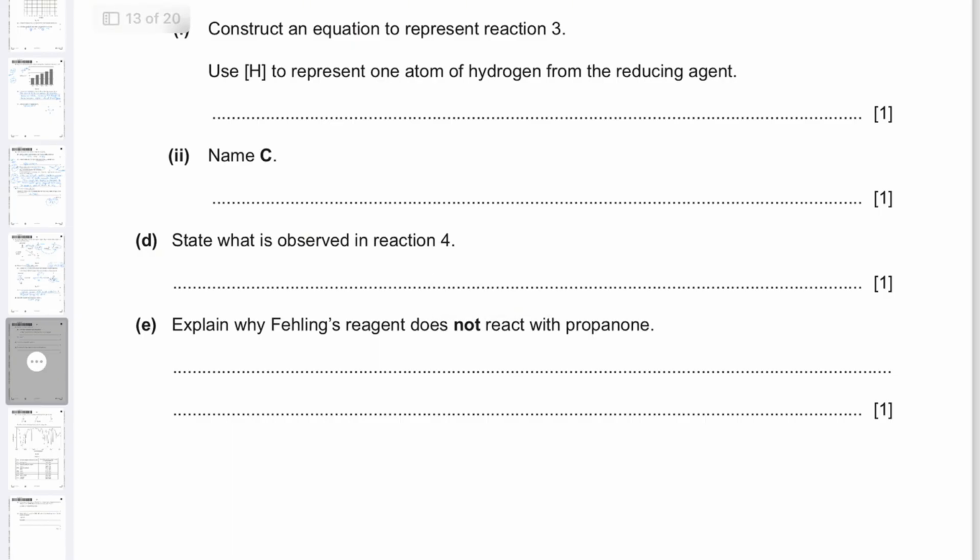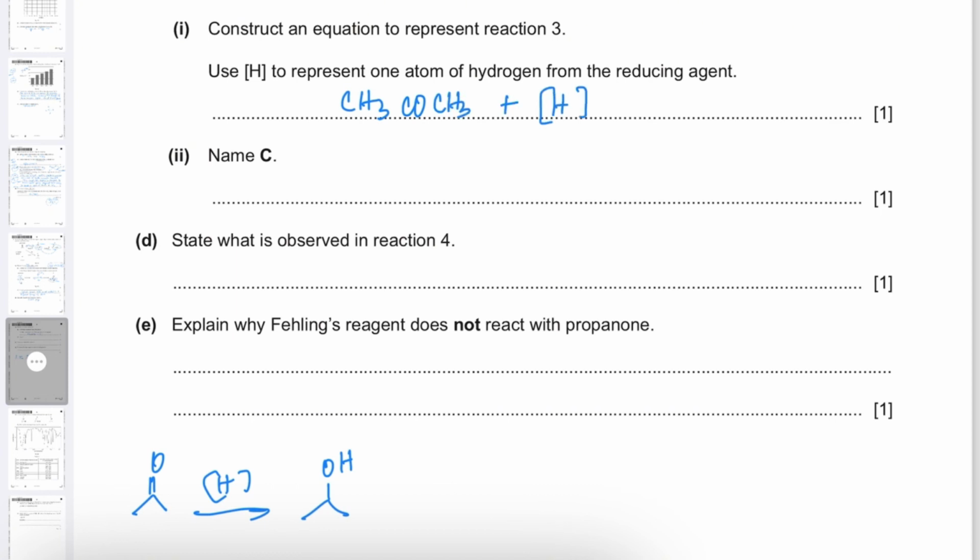C. Reaction 3 is a reduction reaction. Construct an equation to represent reaction 3. In reaction 3, propanone undergoes reduction to form propan-2-ol. That's going to be CH3COCH3.